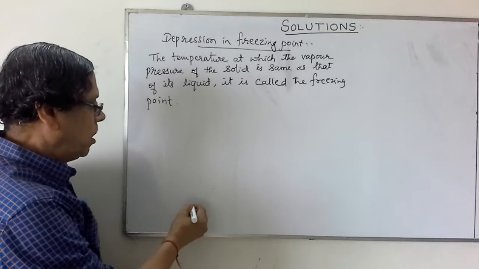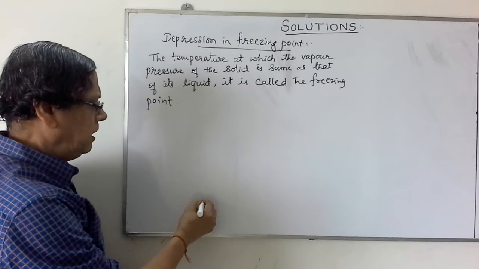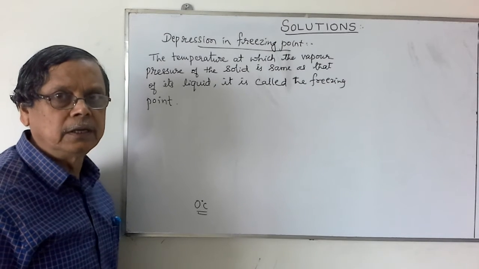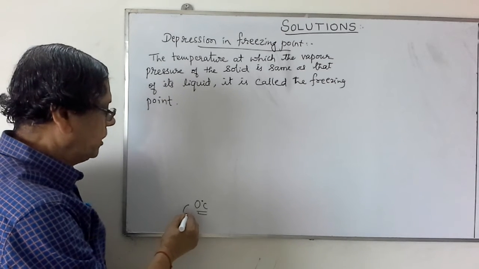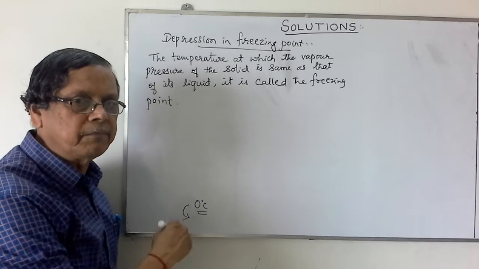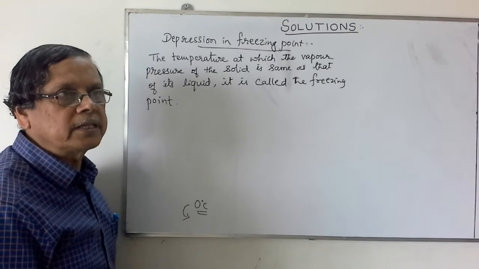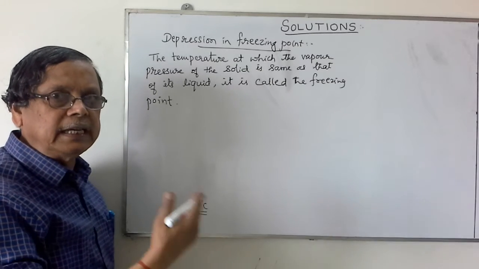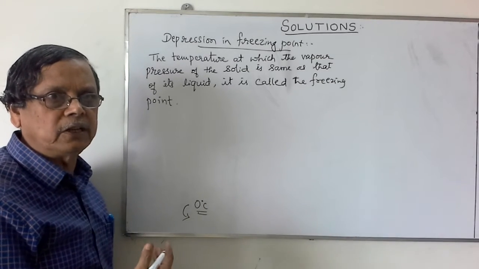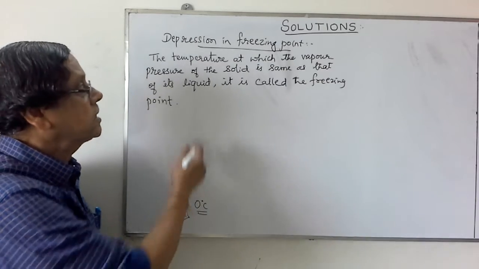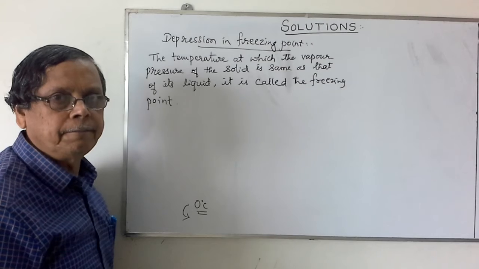For example, pure water freezes at 0 degrees Celsius, but when a non-volatile solute is added to this solvent, its freezing point will decrease to some minus degrees, say -1, -2, -3, etc. So that decrease in the freezing point by the addition of a non-volatile, non-electrolyte solute to the solvent is called the depression in freezing point.